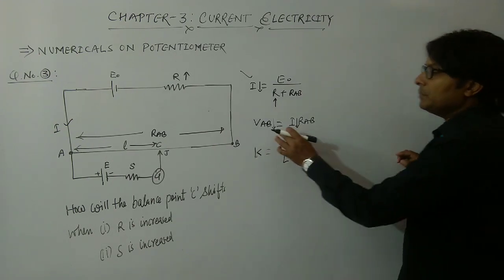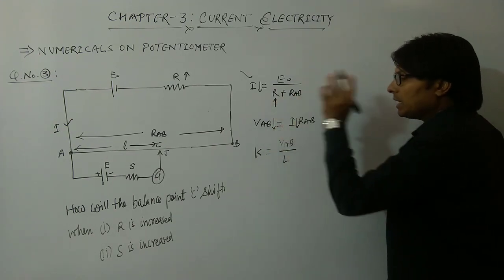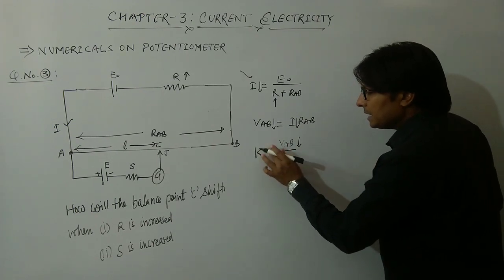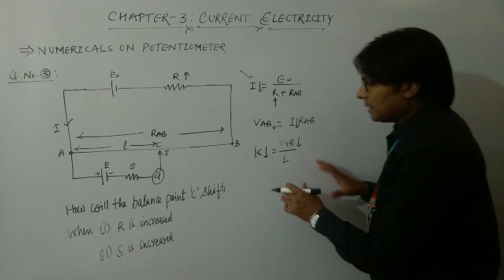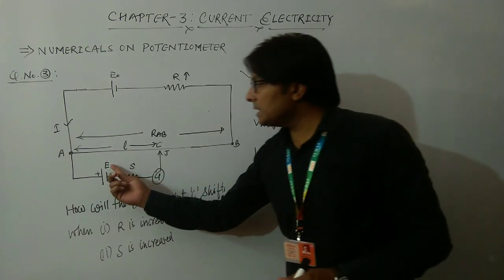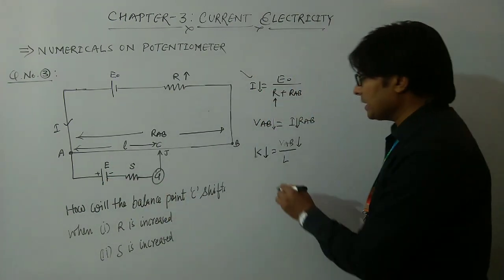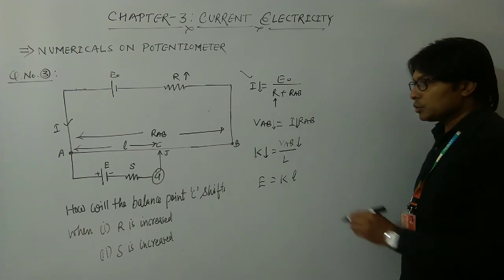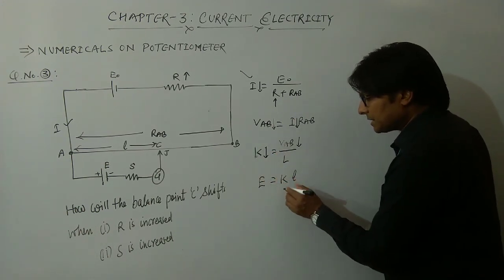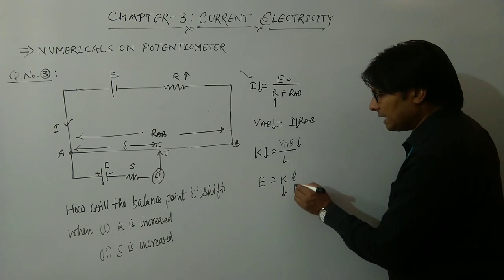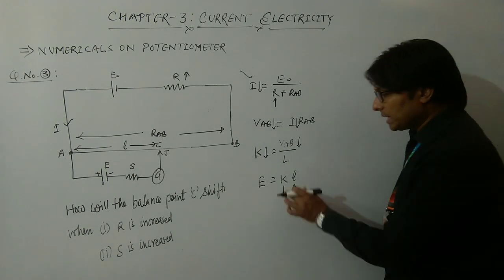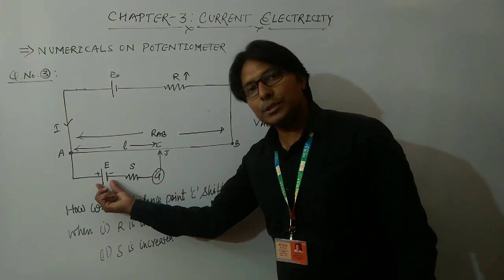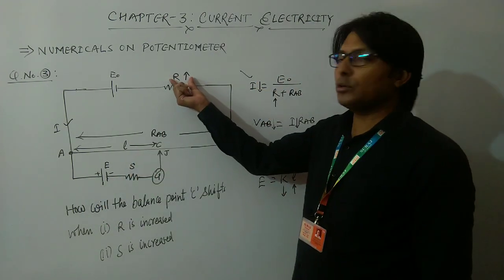As VAB decreases on increasing R, K will decrease. And the EMF of the cell is balanced by balance length L, so E can be written as K into L. If K decreases, then L has to increase so that the product remains constant, because the cell is not changing, only the resistance is.